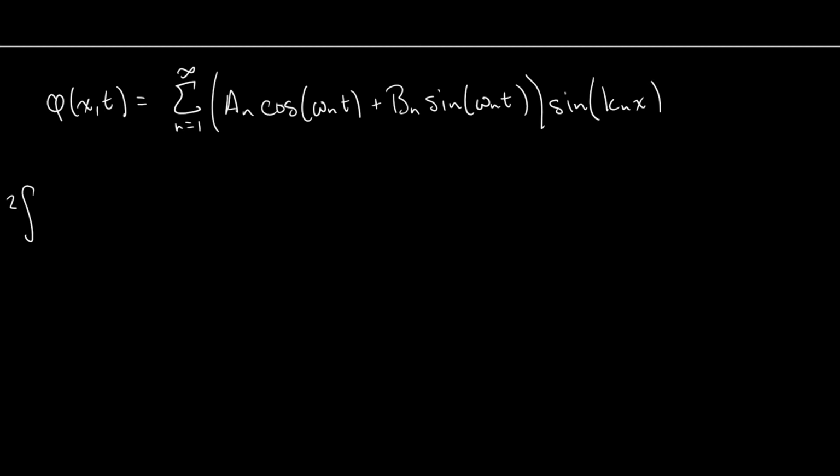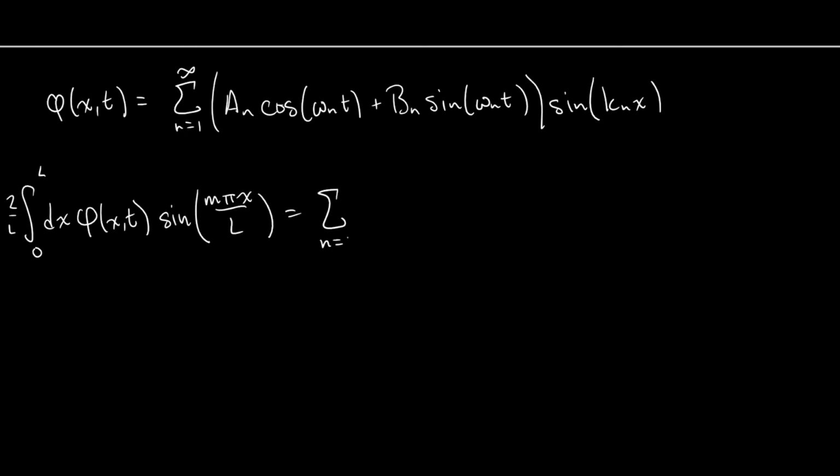So I'll get something like 2 over L, integral from 0 to L, dx of psi of x, t times sine of m pi x over L. This is equal to the sum from n equals 1 to infinity; I'll just pull out all the stuff that doesn't depend on x.